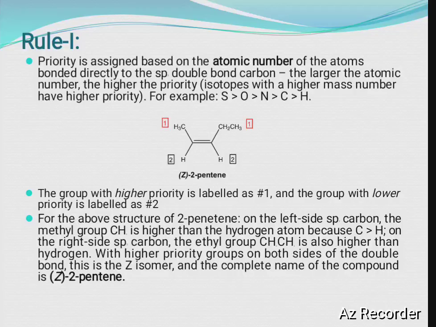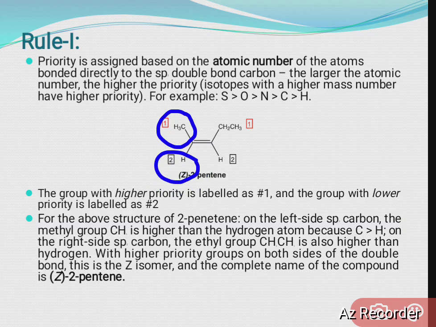If the atomic number is higher, then that will get the highest priority. If the atomic number is lesser, then that will get the least priority.